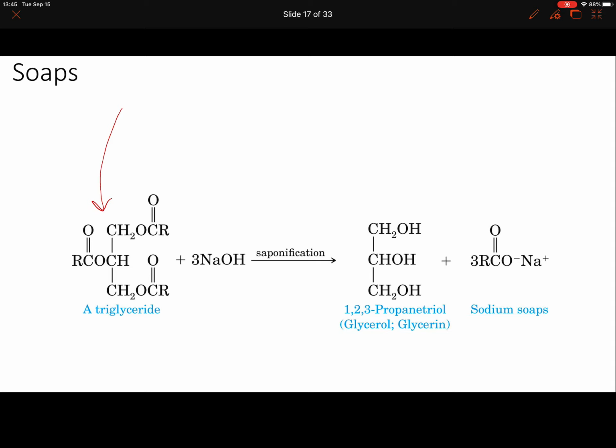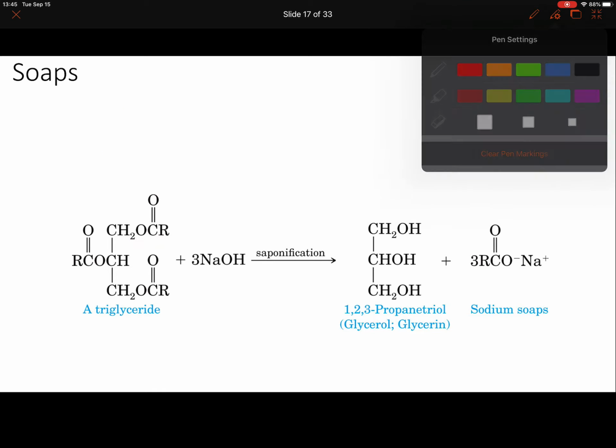And triglycerides are how we store fats. But we typically break these down and swap out one of these fats. We swap it out for a phosphate group, or we swap it out for an amino alcohol, or we swap it out for various different things when we put them into our cells.